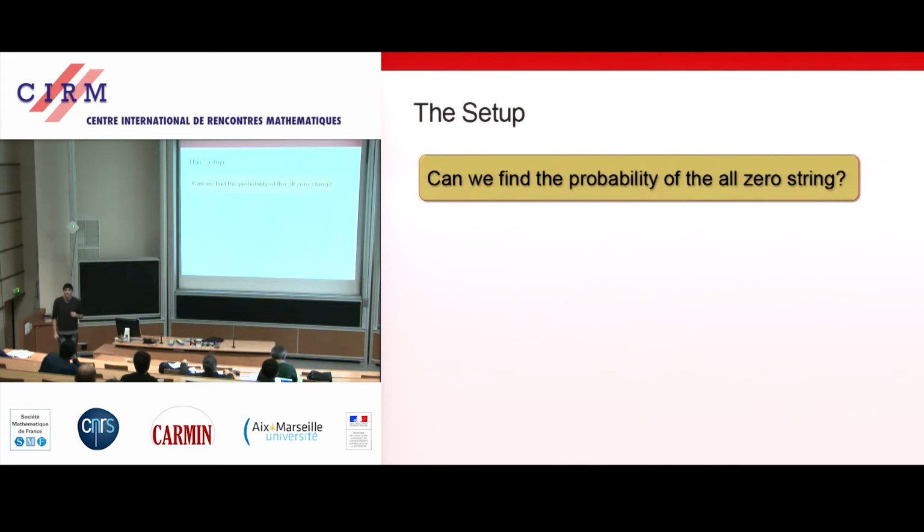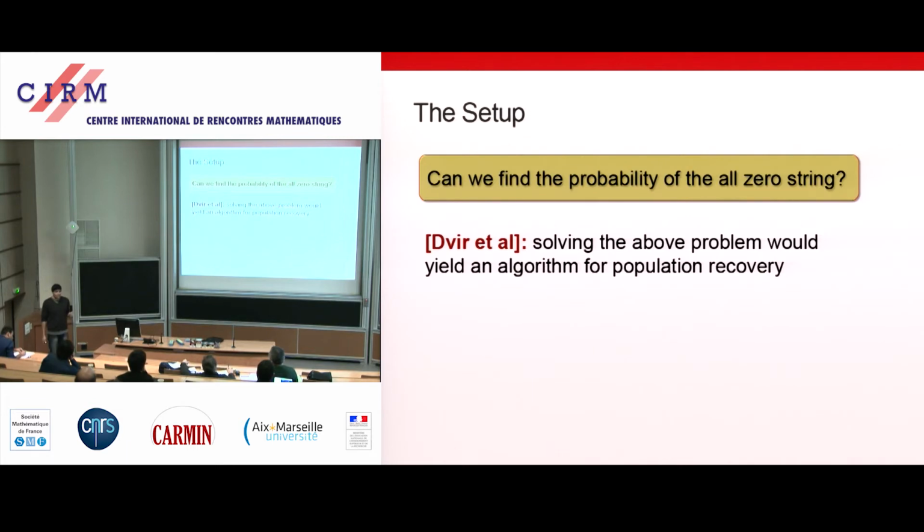That's an even more basic question because I'm telling you the rest of the species are just noise and you don't care about them. And all you want to do is find what the probability of this one string is, given that there are many other things that can pretend to be the same thing. It's not obvious, but this turns out to be equivalent to population recovery, that if you could solve this problem, you could actually solve the entire thing.